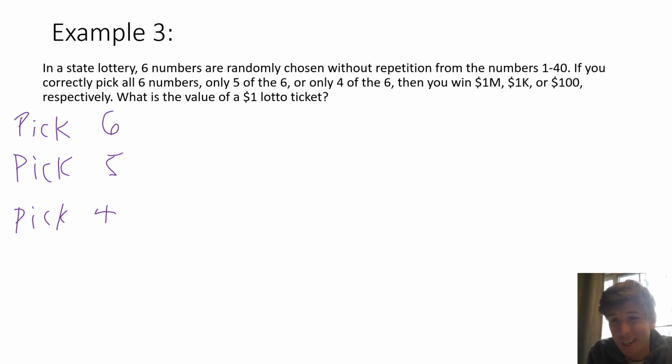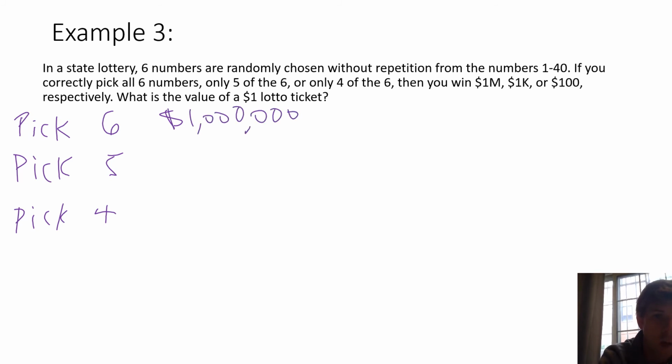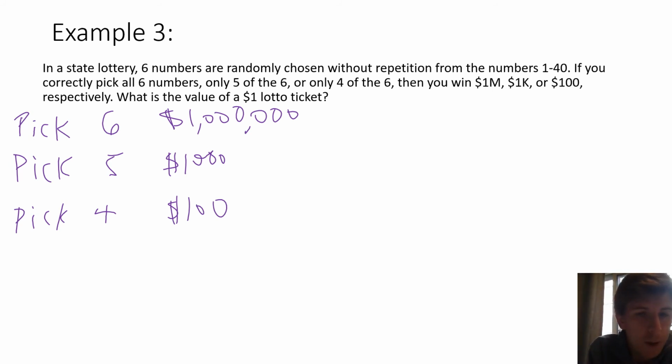But in all instances, the payoff in those cases is 0. So we really don't need to account for this. We really only need to account for these scenarios. So if you pick 6, you win $1 million. You pick 5, you win 1,000. Pick 4, you win 100. Now we got to figure out the corresponding probabilities.